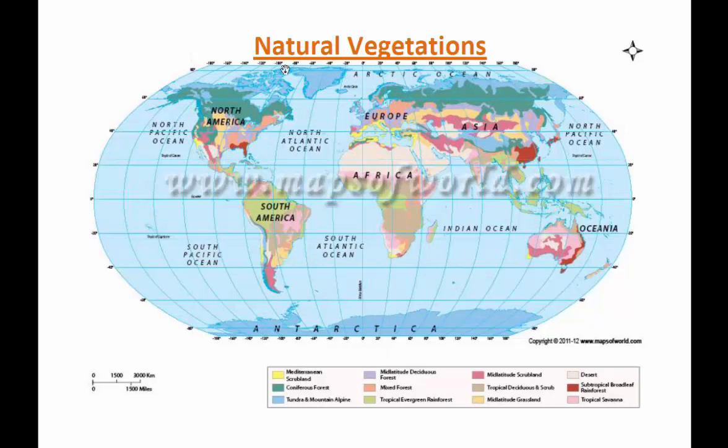Okay, the portions which have been shaded in peacock blue are of coniferous forests. This is a forest type, whereas the vegetation found in the tundra region is the light blue, sky blue we can say.